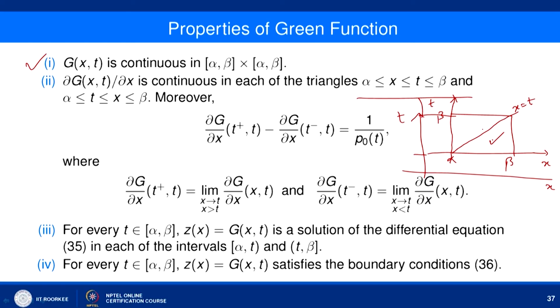that ∂g/∂x is continuous in each of the triangles. The first triangle is alpha less than or equal to x less than or equal to t, that is this here. So, here ∂g/∂x is continuous in this triangle and also in this triangle, that is alpha less than or equal to t less than or equal to x.